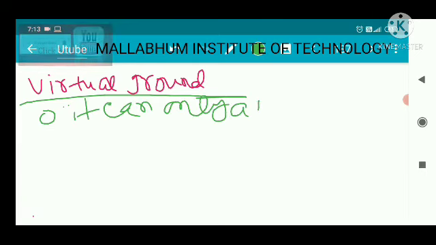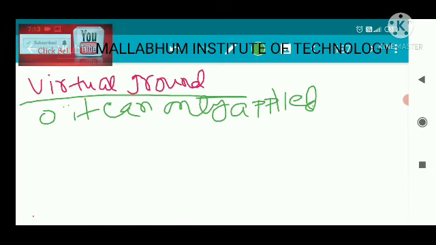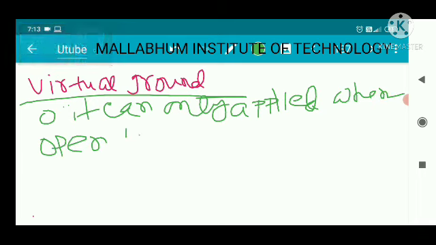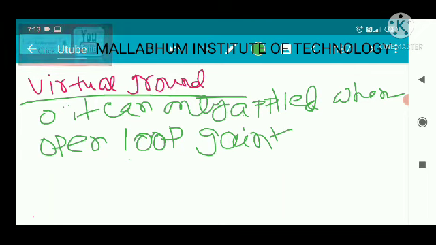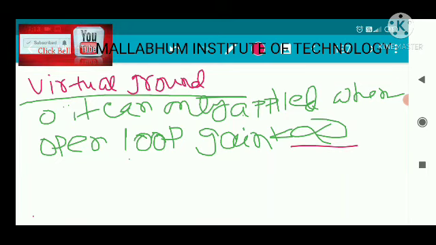I am just writing down the point: it can only be applied when the open loop gain of the operational amplifier is infinite.